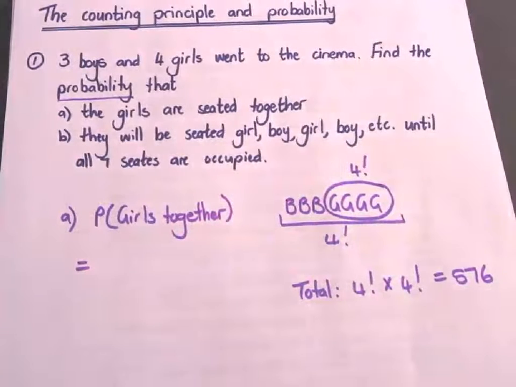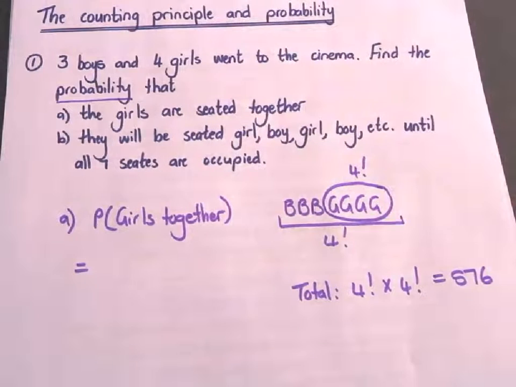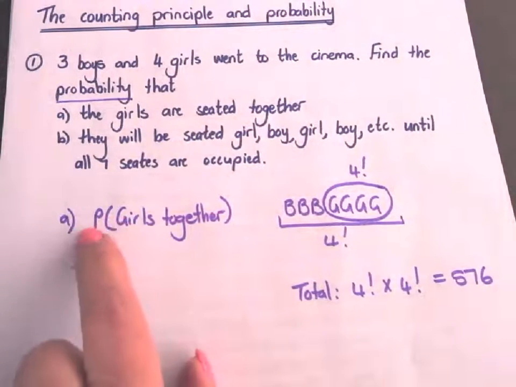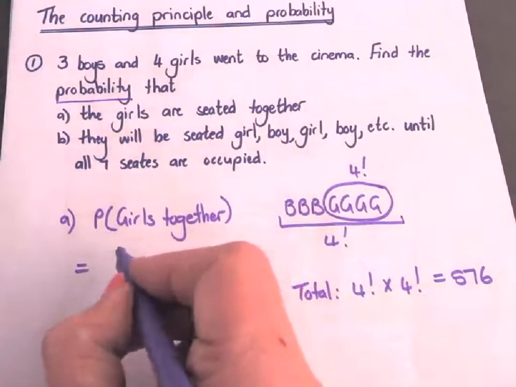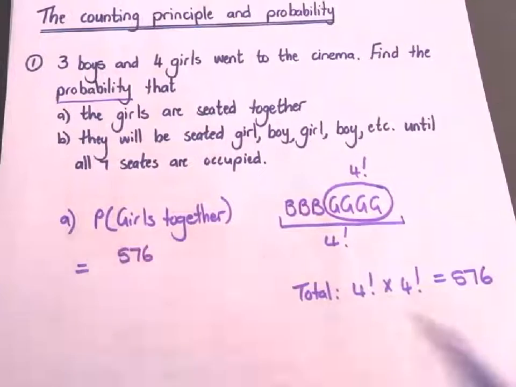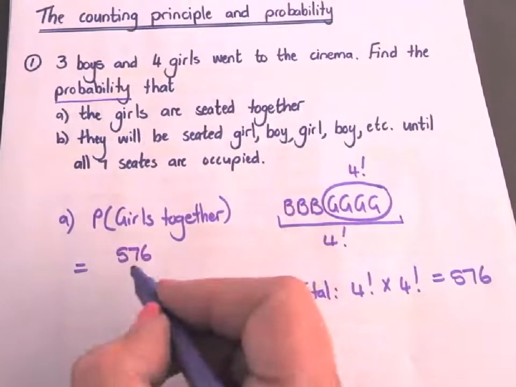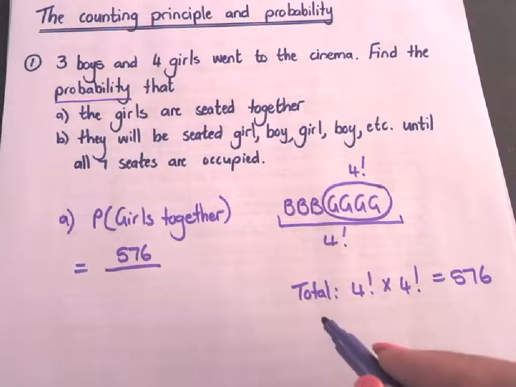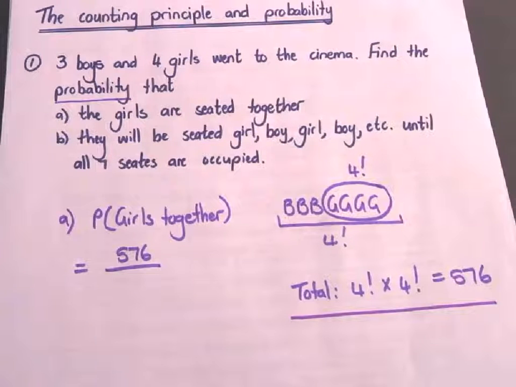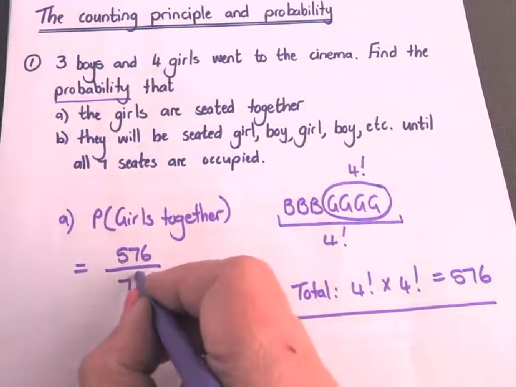Now for probability, we need a fraction. So the numerator is always the question that they ask. Girls sitting together. So we're going to use the 576 as the numerator. And the denominator is how many groupings can you do all together with everything? And how many is that? 4 plus 3, or you can say 7 factorial.